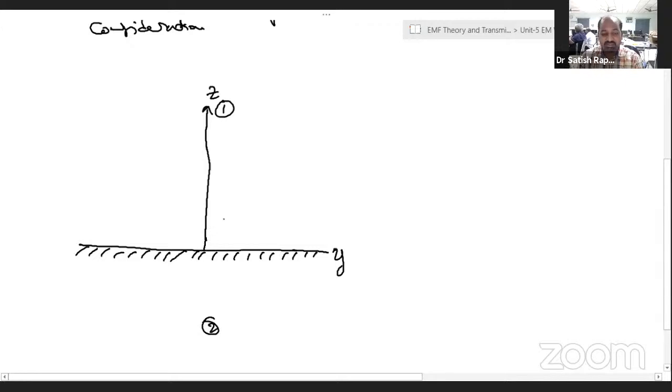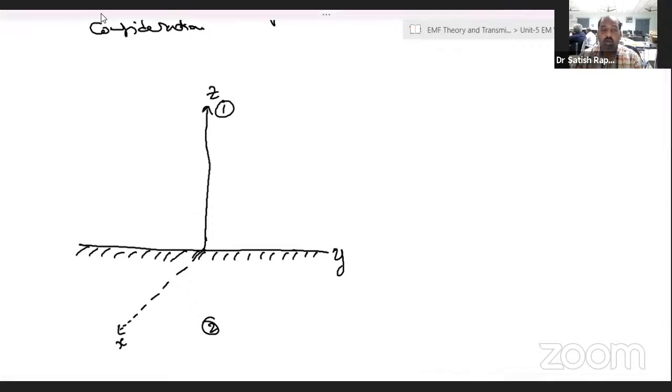So the x-axis is perpendicular to the screen. So like this you can look at this. This is the x-axis, right?